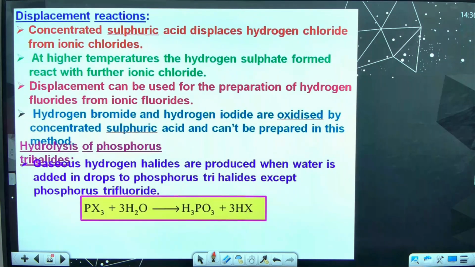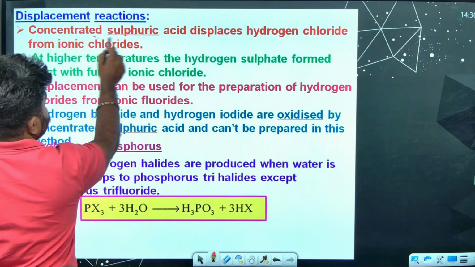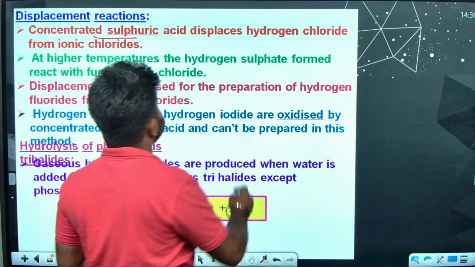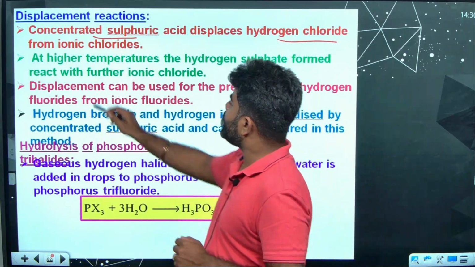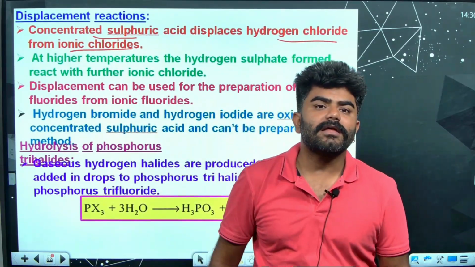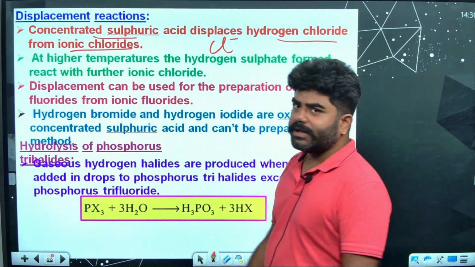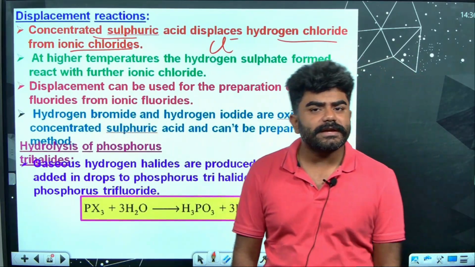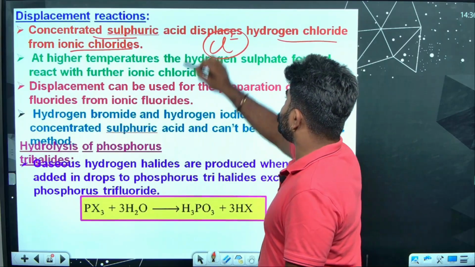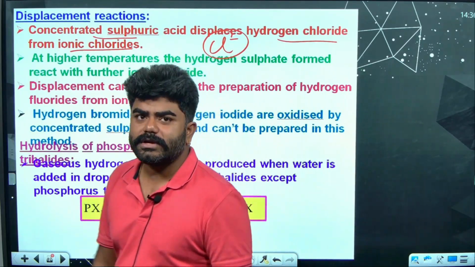One other method is by displacement reaction, when you take concentrated sulfuric acid and you displace hydrogen chloride from an ionic chloride. What is an ionic chloride? Chloride means chlorine with a negative charge, Cl minus. So this is an ion, right? That is why we call this an ionic chloride.